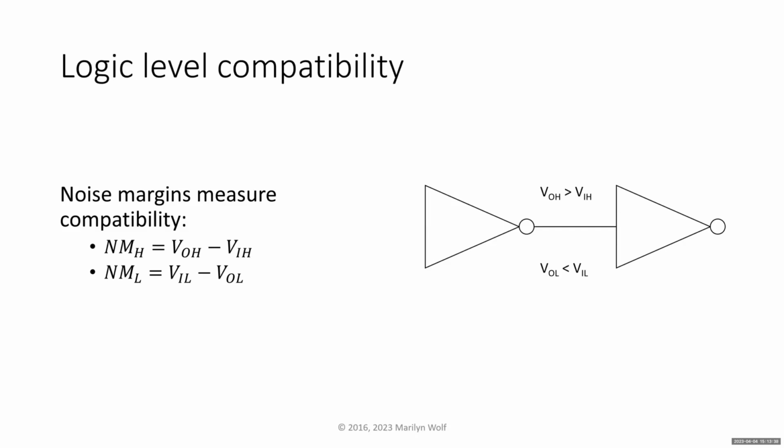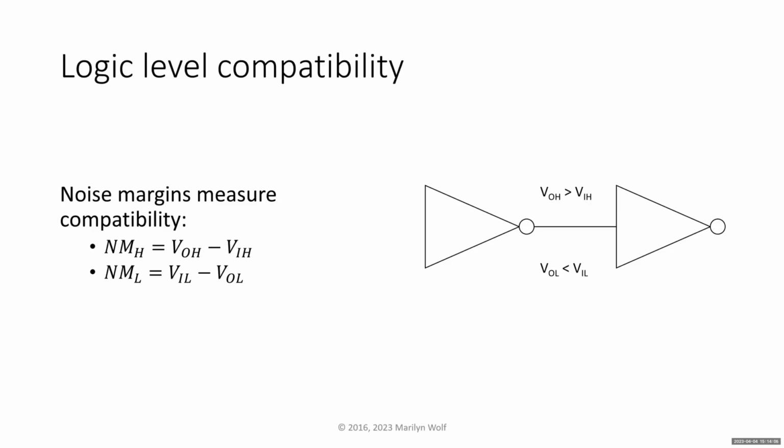It has a voltage level, the V input low, that is the maximum value at which the gate will consider that input to be a 0. Then we have a V input high, which is the minimum voltage at which it's going to say, oh, this is a 1. So clearly we want V output low to be below V input low.